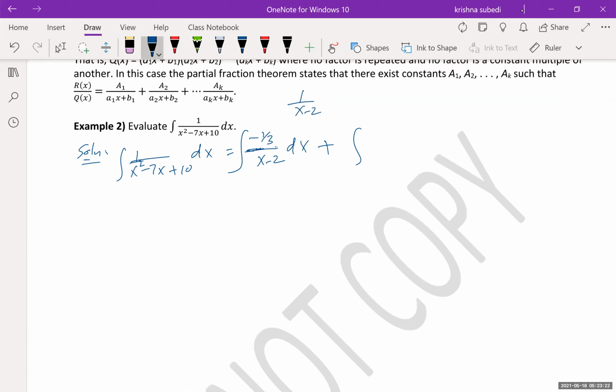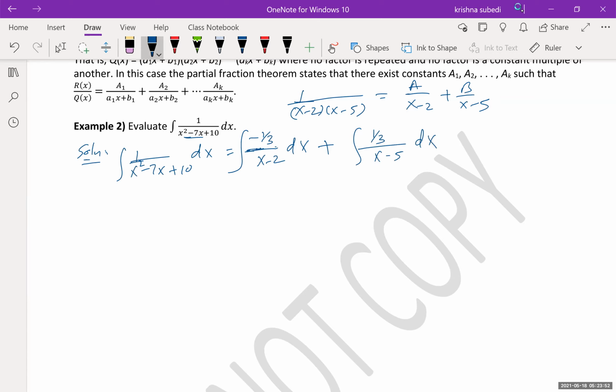So we got 1 over x minus 2 and x minus 5, which is actually this one, equals a divided by x minus 2 plus b divided by x minus 5. That's what we have, and we found the value of a. A means negative 1 over 3 over x minus 2 dx, and b is 1 over 3 over x minus 5 dx.